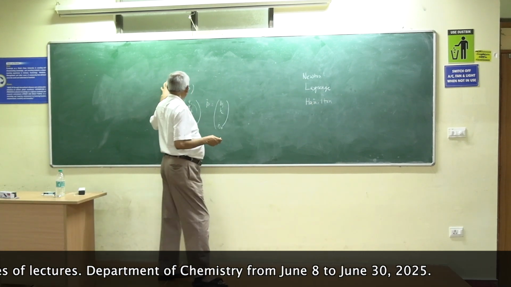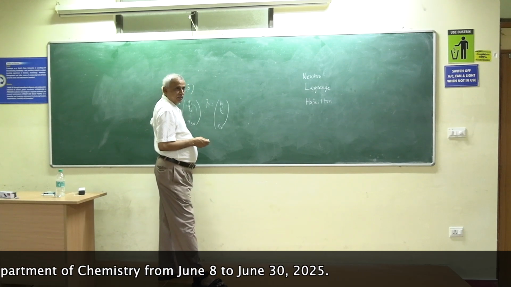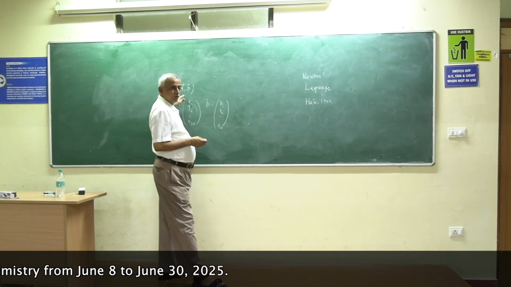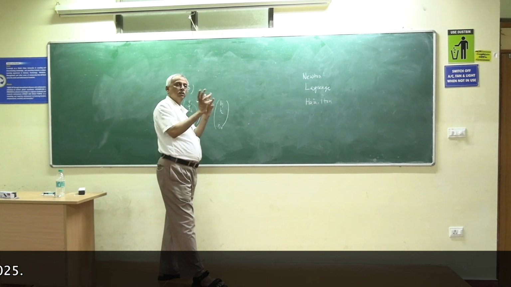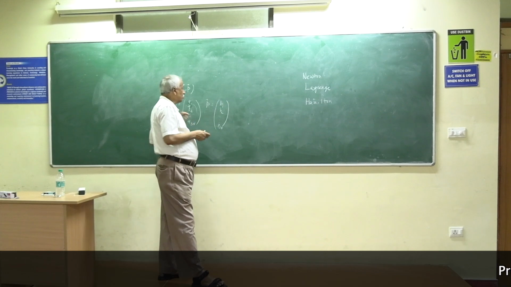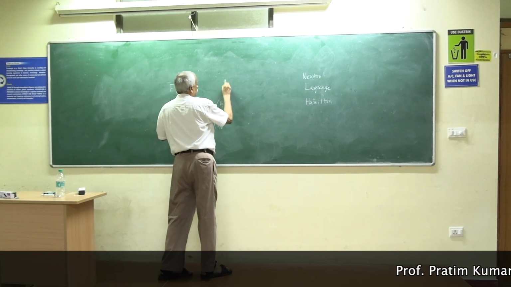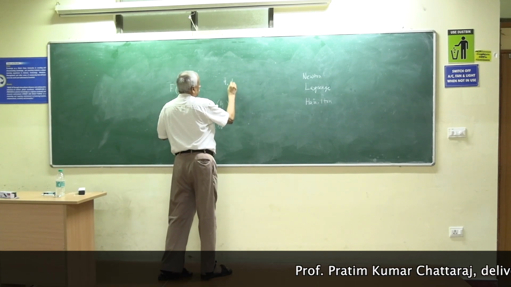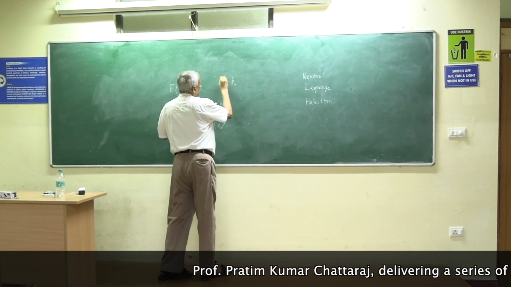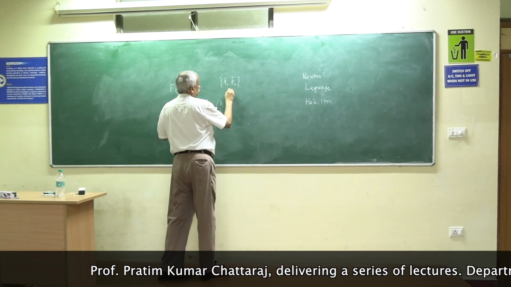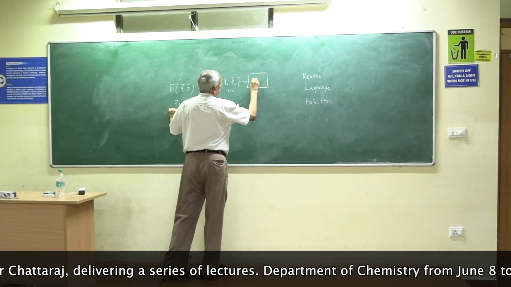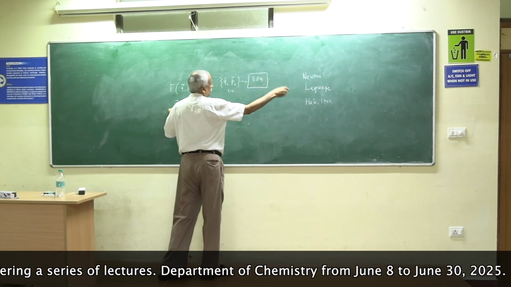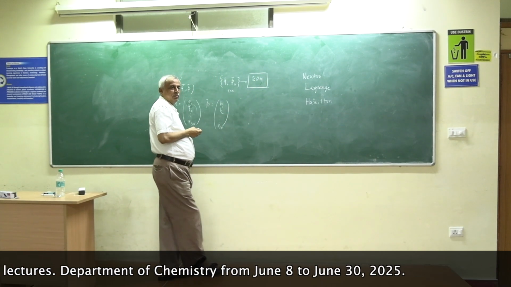So any property in classical mechanics is a simple function of q and p. That means if you know the position of a particle and the momentum of the particle, you know any arbitrary property in classical mechanics. Suppose at t equal to 0, I know q0 and p0. Then I have the equation of motion, like Newton's, Lagrange's or Hamilton's equation of motion.